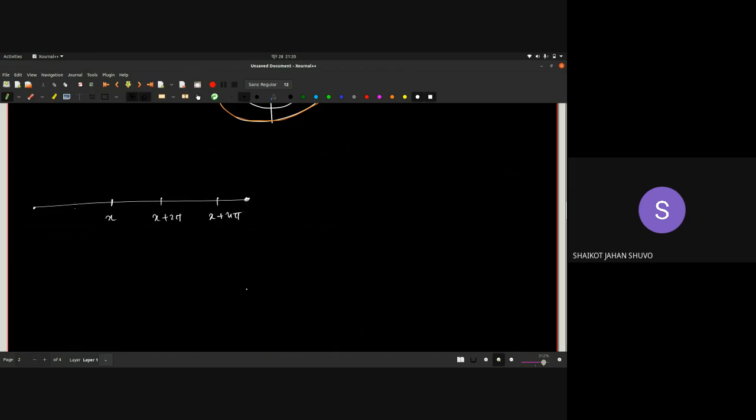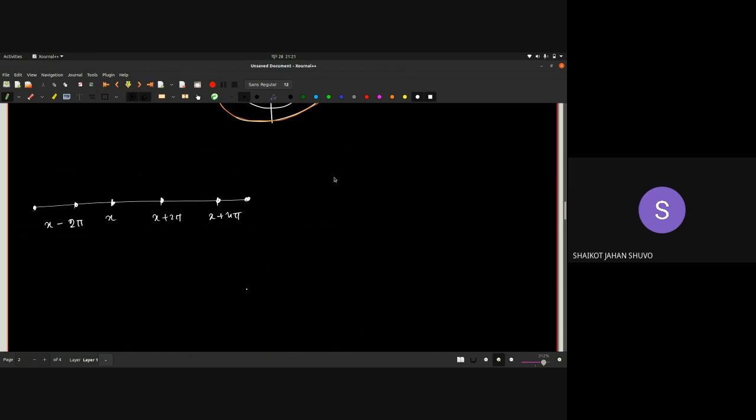When this is equal to that, so this will be x minus 2 pi, and so on. All these points are equivalent to each other. And when we say that these points are equivalent to each other, we mean that they represent the same point. They're essentially the same thing, okay?